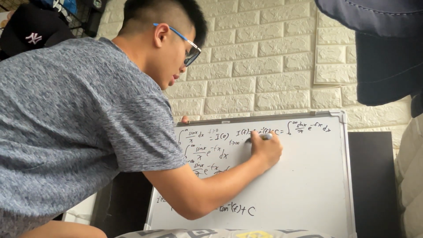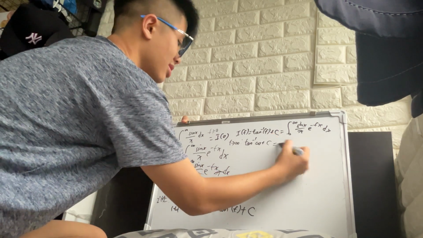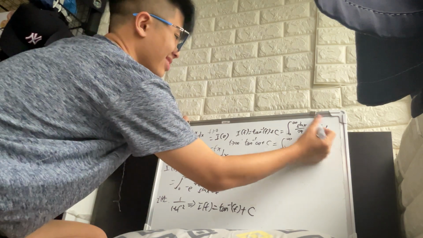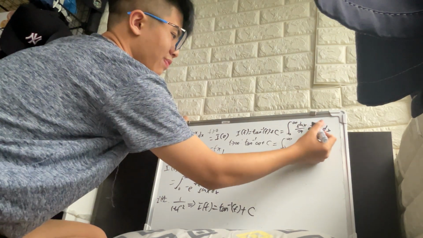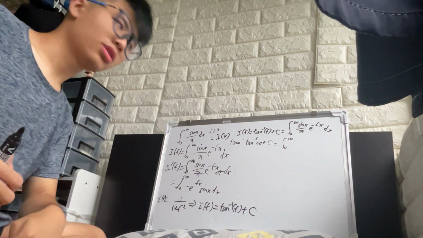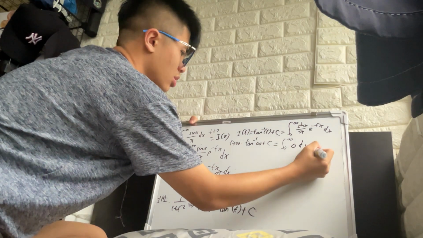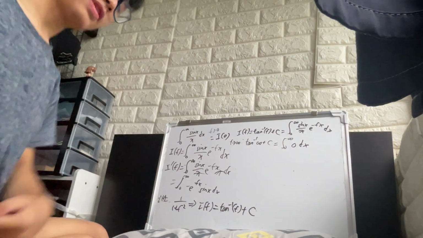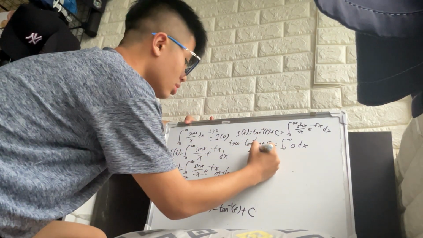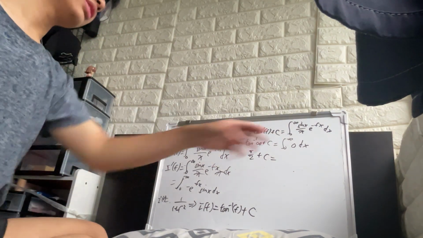So you get inverse tangent of infinity plus c, and then this entire thing is equal to 0 thanks to e to the power of negative infinity. This is 0, and 0 times that sine x over x, you pretty much just get 0. So inverse tangent of infinity, this is really famous, is pi over 2, plus c is equal to 0, because 0 doesn't have any area.